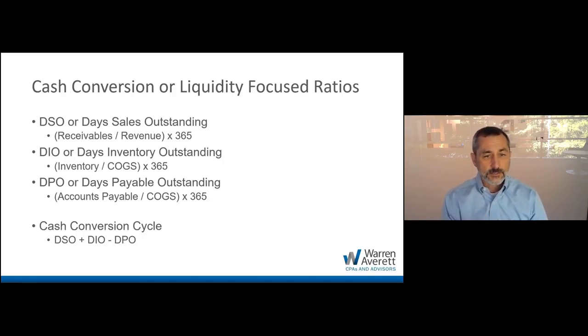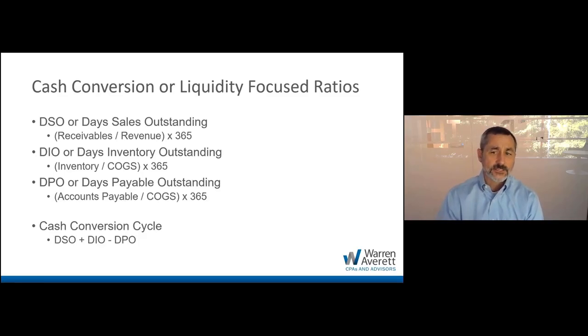So what is the accounts receivable divided by annual revenue times the number of days in a year? That tells us how many days it takes us to convert a sale to cash, excuse me. So that tells us how many days our sales are outstanding.